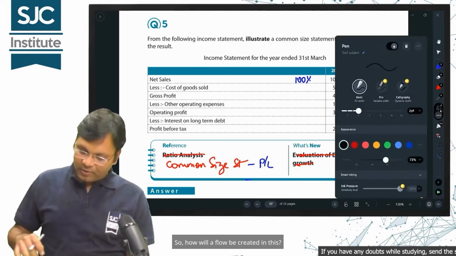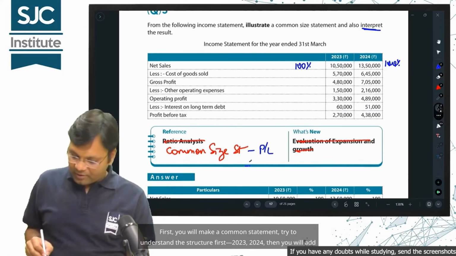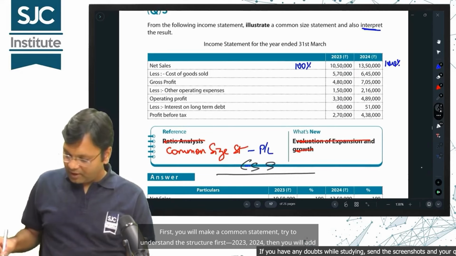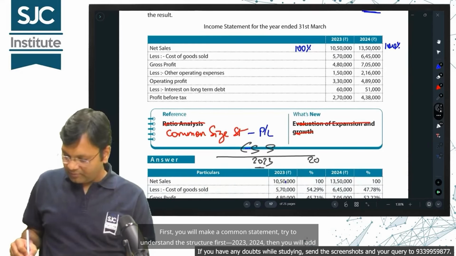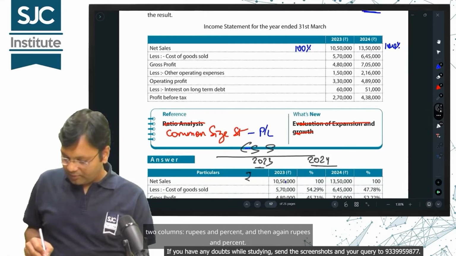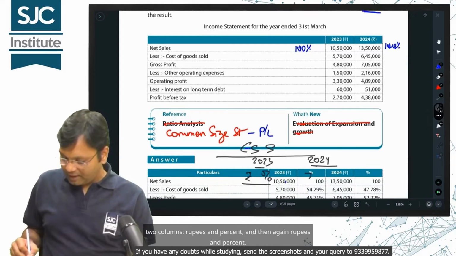So, how will a flow be created in this? First, you will make a common statement. Try to understand the structure first. 2023, 2024, then you will add two columns, rupees and percent, and then again rupees and percent.